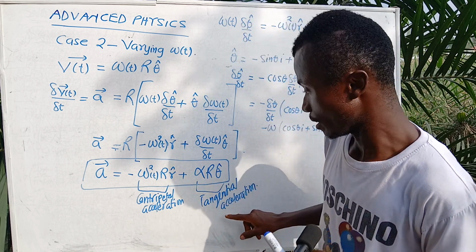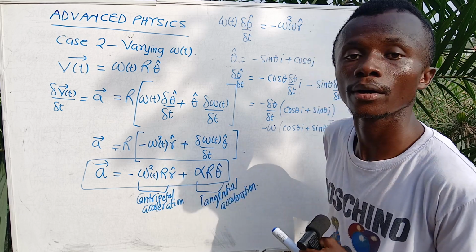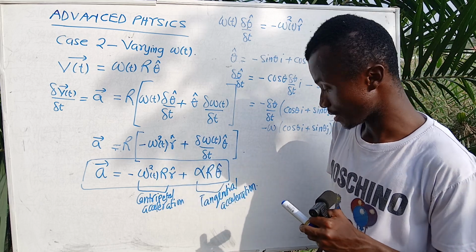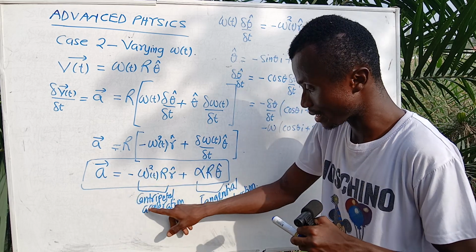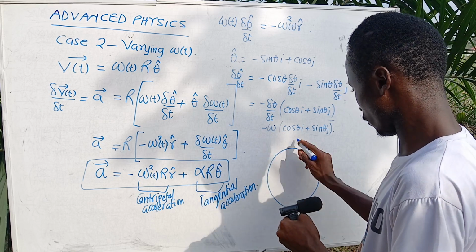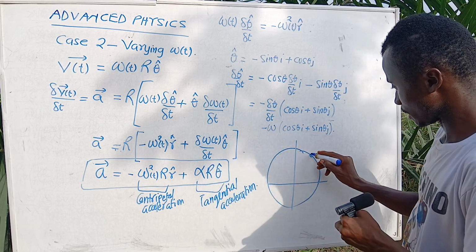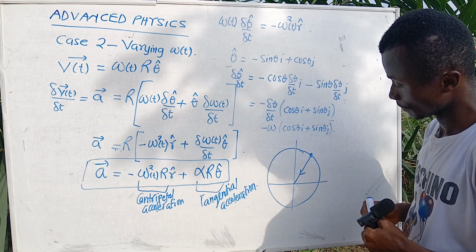The tangential acceleration is the angular acceleration, which is alpha, multiplied by r, which is also a linear parameter. So this linear acceleration has two parts. One is centripetal. If this is a circular trajectory and an object is here, there is a centripetal acceleration like that.